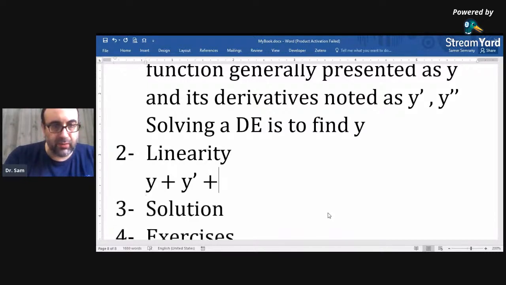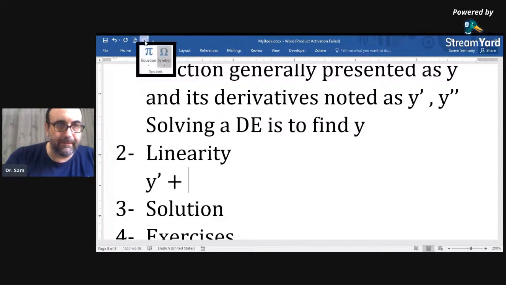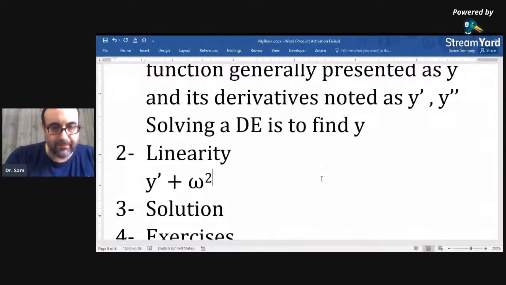So I will begin with the equation of the form y double prime plus omega squared y equals 0. I will try to solve this one.